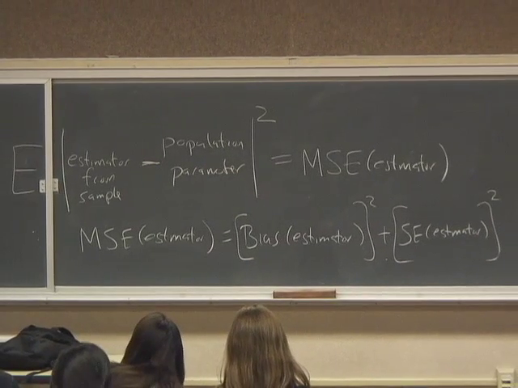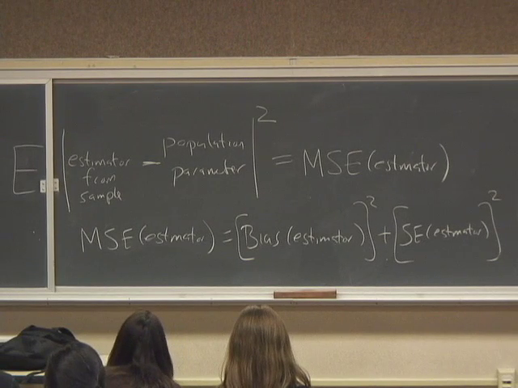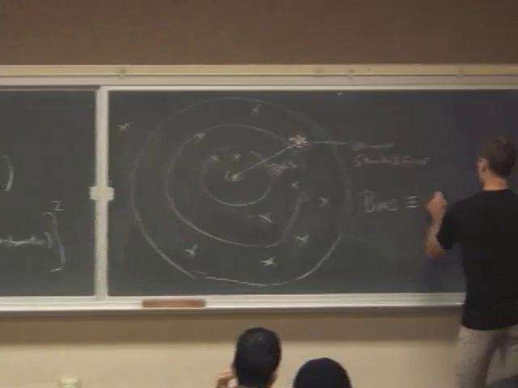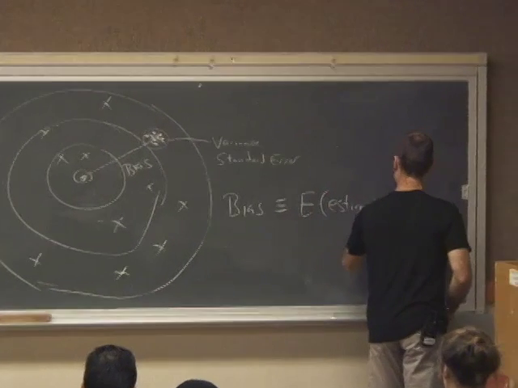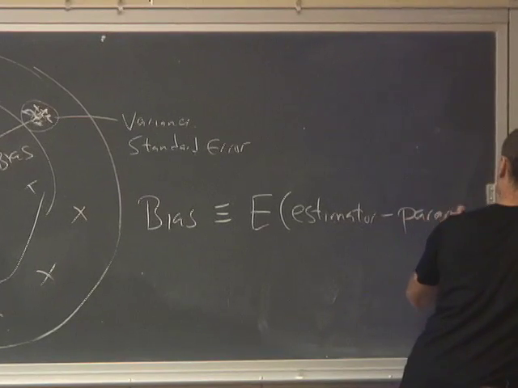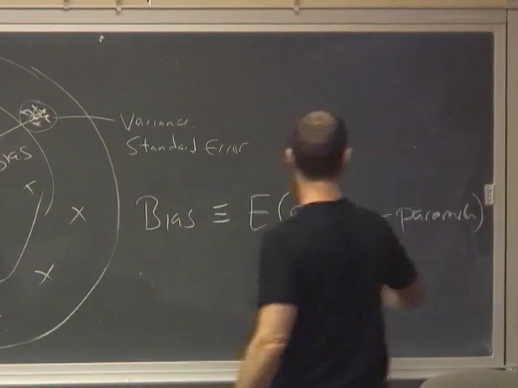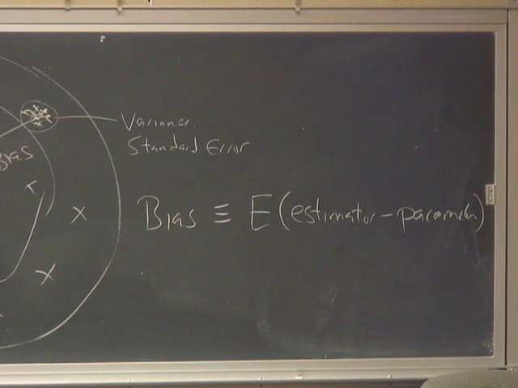All right, what is the bias of the estimator? The bias is defined to be the expected value of the estimator minus the parameter. Okay, with no absolute value sign. All right, it's just on average, what does the estimator give you?